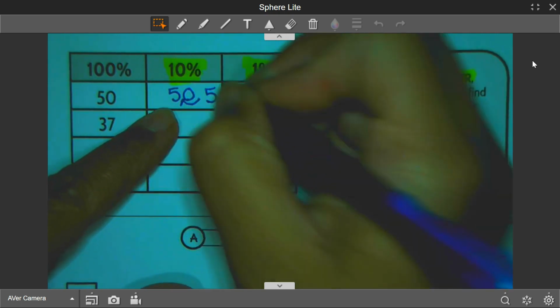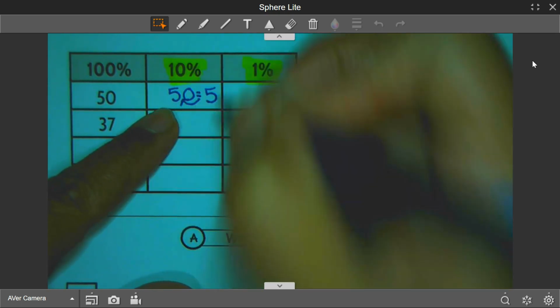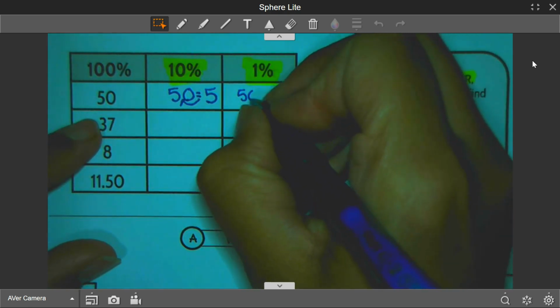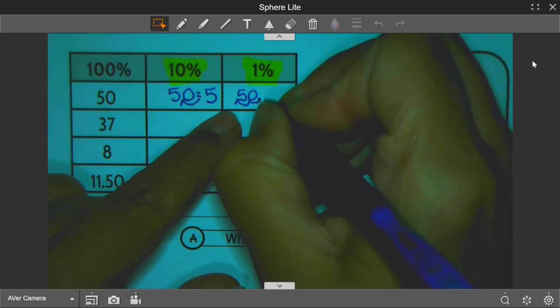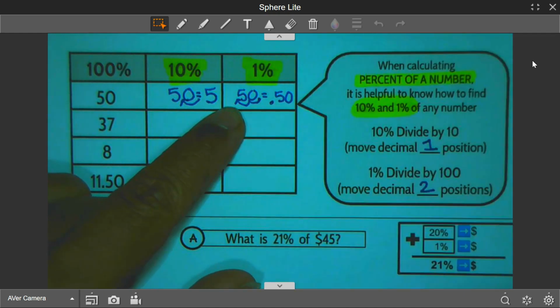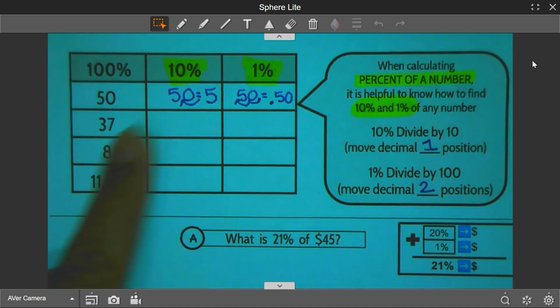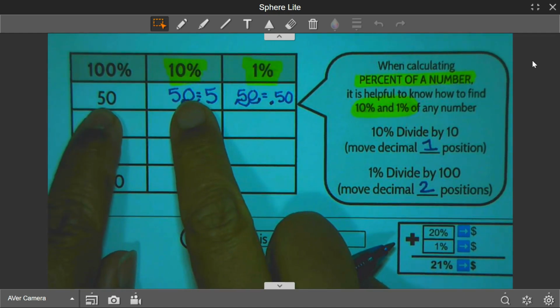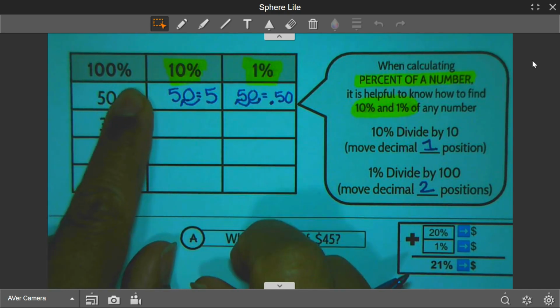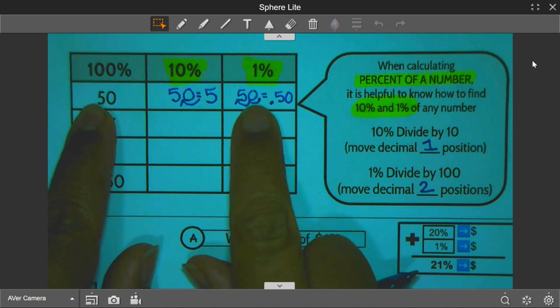So 10% is 5. 1% would mean dividing by 100 or moving the decimal 2 places. So that would mean 0.50 or 50 cents. Okay, so 10% of 50 is 5. Move it over once. 1%, move it over twice because you're dividing by 100.